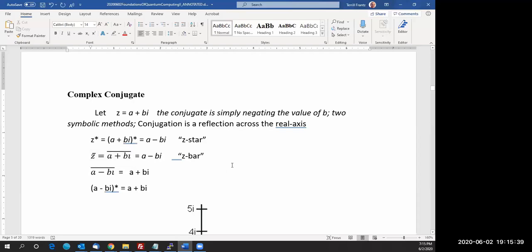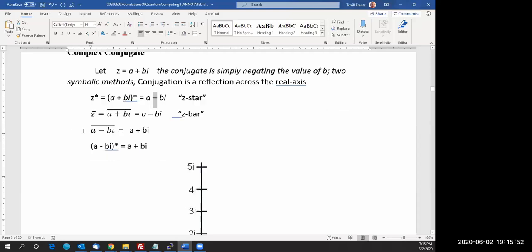But the complex conjugate is essentially the complex number with the sign of the imaginary part reversed. So if I had a plus bi, the complex conjugate would be a minus bi. If I had a minus bi, the conjugate would be a plus bi. The only thing that changes is the sign here.